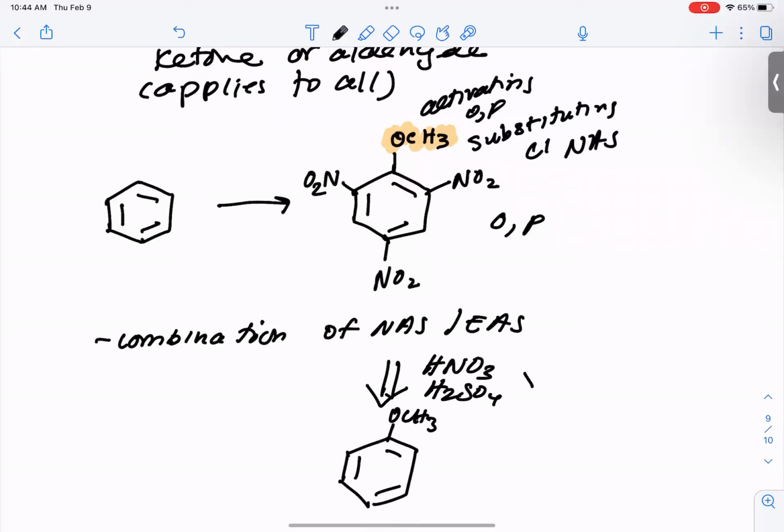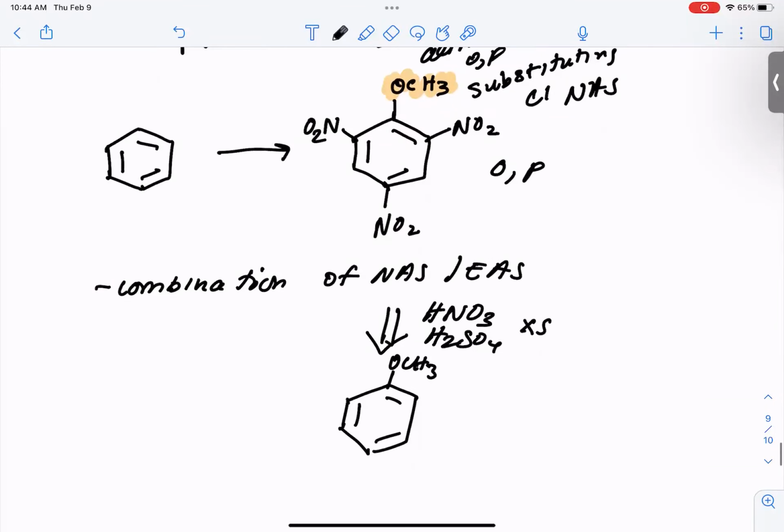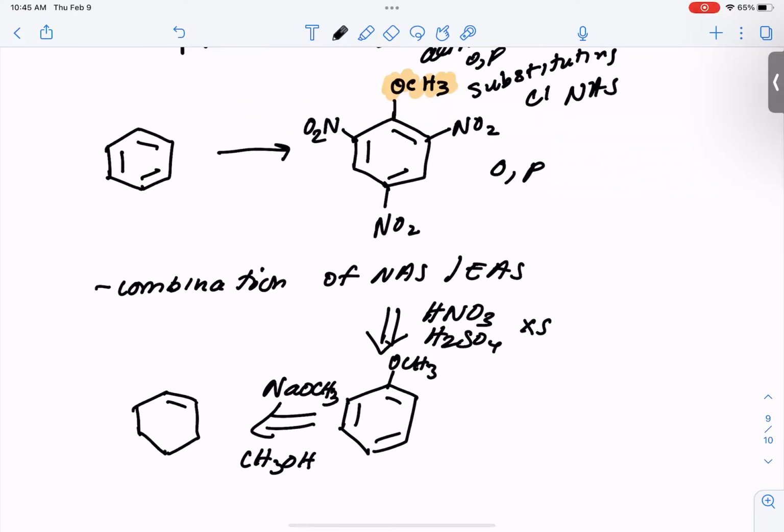All right, I'm gonna put excess here so that we know that we got every position. Now that methoxy group, you can put that methoxy group on by doing nucleophilic aromatic substitution.